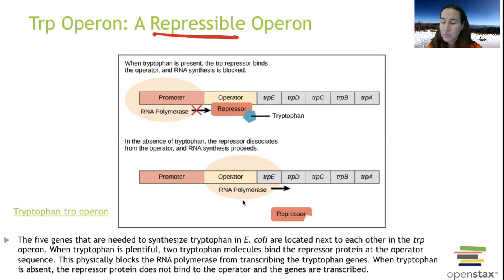So in this case, it's a repressible operon. We have a repressor and it's going to attach at the operator portion of the operon. Here's our RNA pol that's going to lay down the RNA. It's going to come across this DNA and lay it down, but it can't. It is blocked by the repressor.